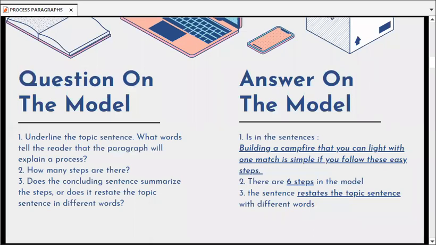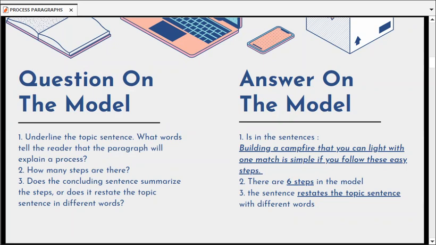Questions of the model. Number 1, underline the topic sentence. What word tells the reader that the paragraph will explain a process? Answer on the model.